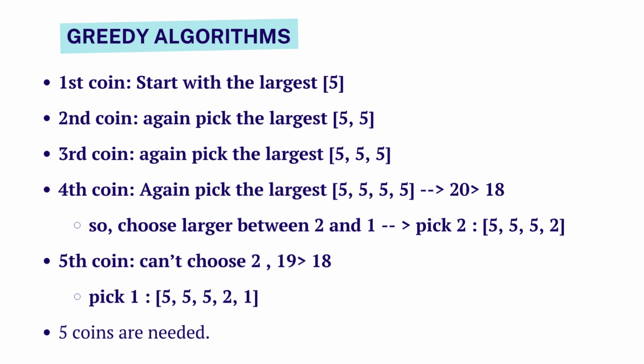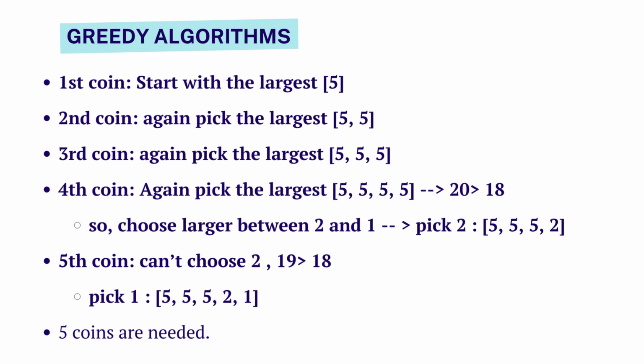Then for the next one, you cannot choose 2 anymore because it will exceed 18. So the next one is 1: 5, 5, 5, 2, 1, which is 15, 17, 18. So you need 5 coins. That is the best optimal choice you can use. You need at least 5 coins to make $18.